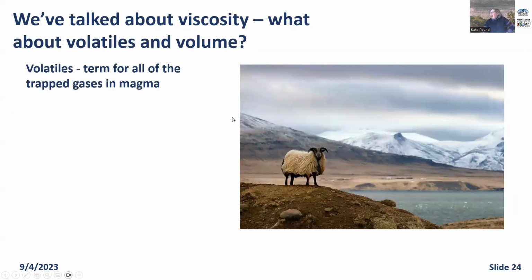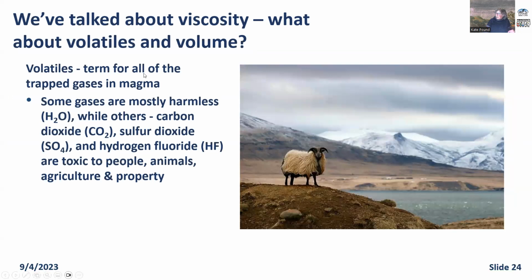And I just want to say something about volatiles or gases. So generally it's the word for all the gases trapped in magma. Some of them are pretty harmless and others are toxic. And I put this image in here because, sometime in the 1800s, there was a big eruption in Iceland, and there was a lot of hydrogen fluoride expelled during that eruption.